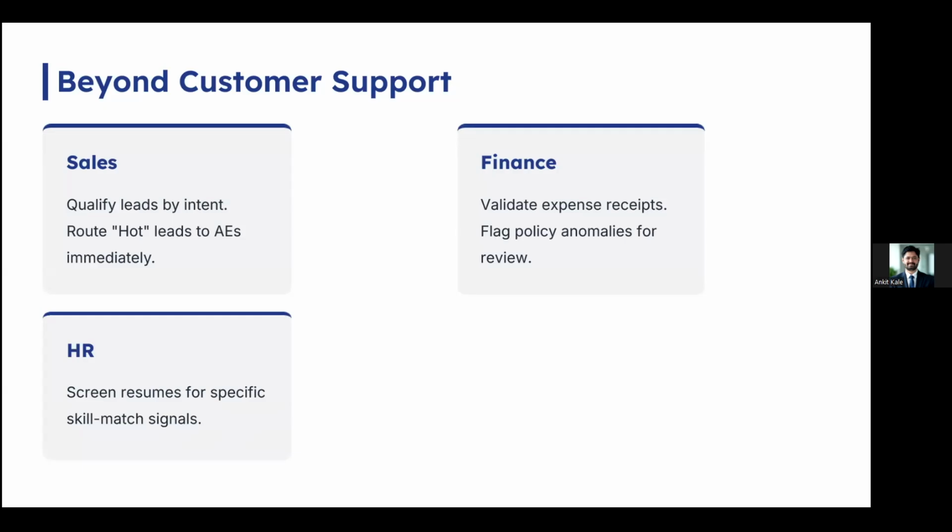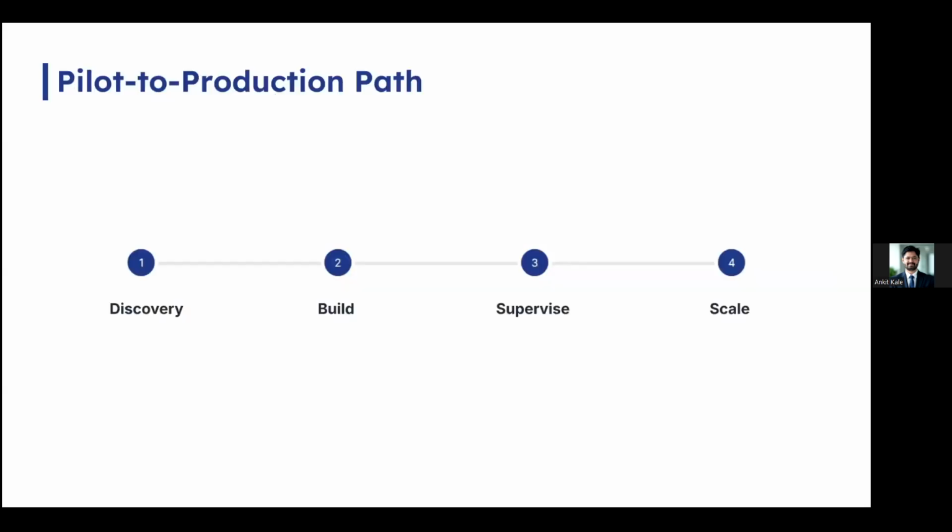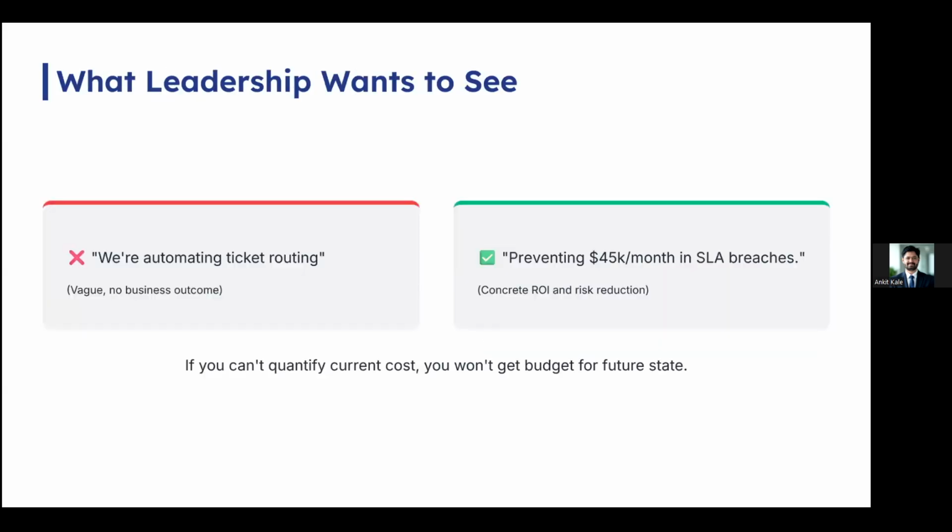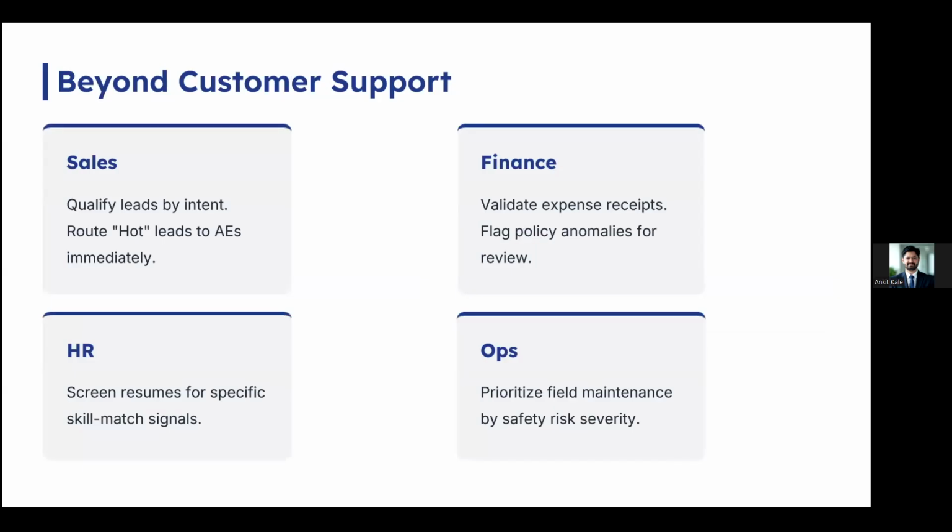This automation can also be applied in HR, where we want to screen CVs for specific skill match signals. I think there are a lot of tools already there for HR which are using this kind of process in the background. And in operations also this can be utilized, to prioritize field maintenance by safety risk. So depending on the use case, this kind of automation can be used.